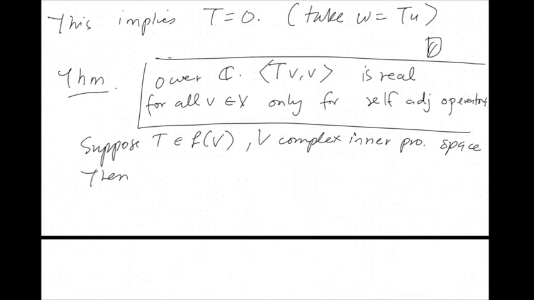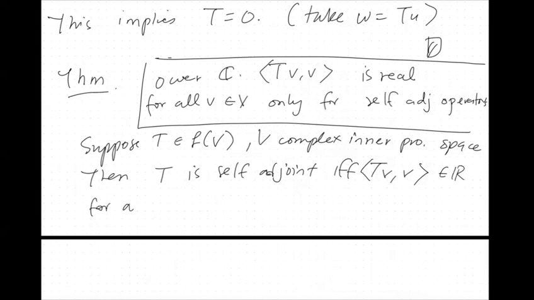Then T is self-adjoint if and only if the inner product of T v and v is an element of the real numbers for all v in the inner product space V.